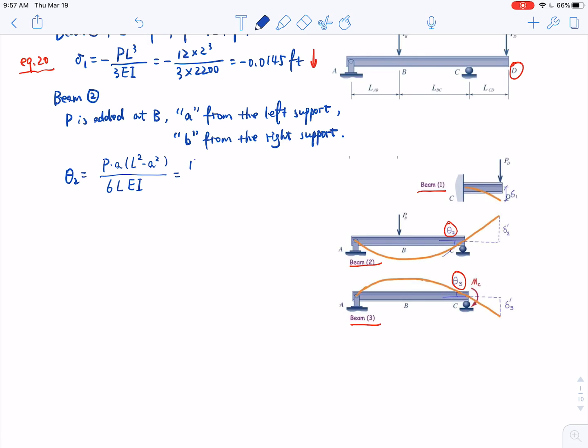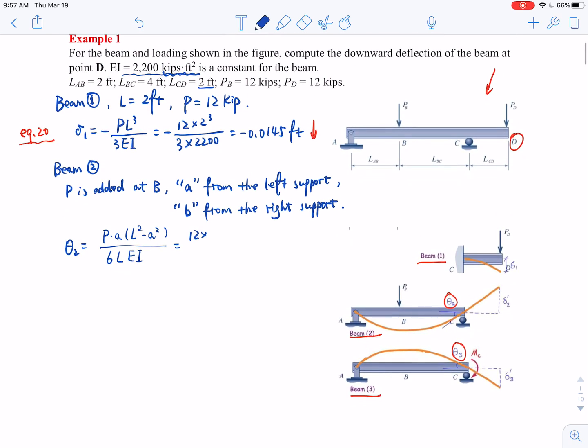P is 12, A is AB, which is 2 feet, times L square, where L is AC, AB plus BC, 2 plus 4, which is 6, square minus 2 square, over 6 times L, which is 6, and EI is 2,200.